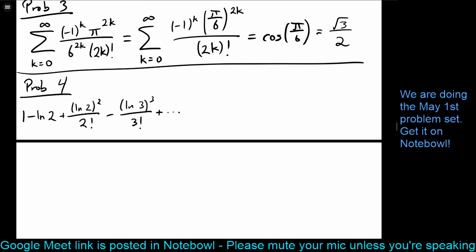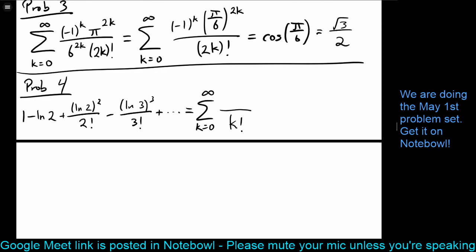Your first step should be to try and write this in a condensed form, where it's as a series like this. Bottom here is going to be k factorial.